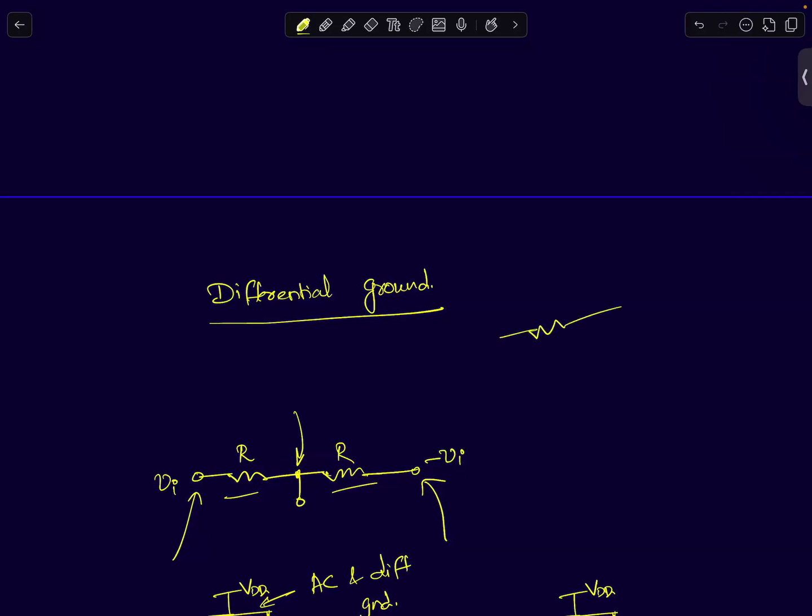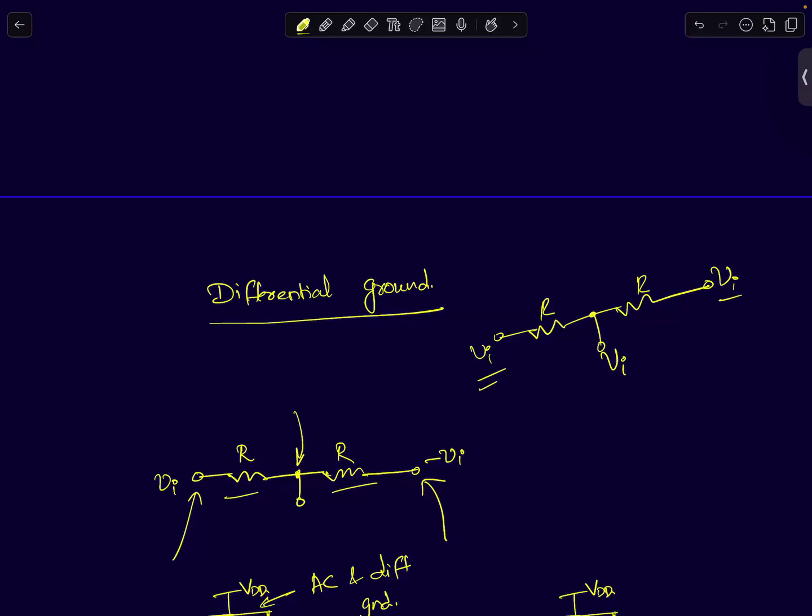But if I connect VI and VI, both are AC signals. What will be the voltage at the center? VI itself, right? The average of the two VIs, VI plus VI by 2, is VI itself. So you will get the same voltage here.